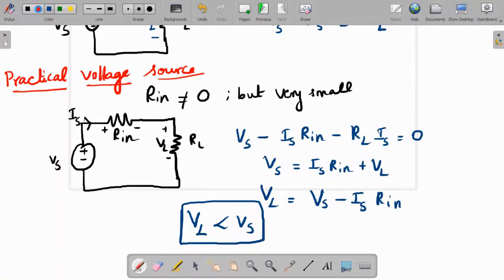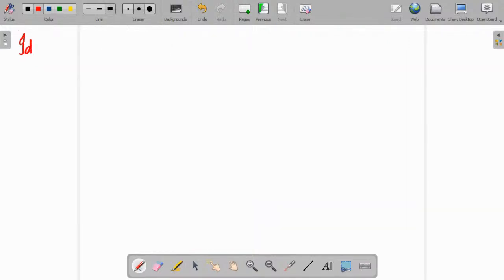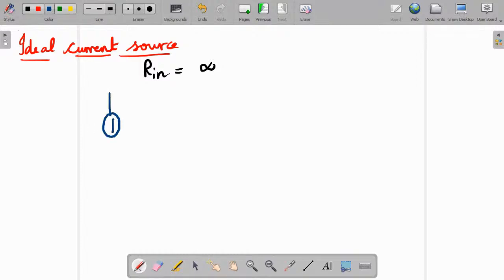Next, ideal current source. In case of ideal current source, it has internal resistance equal to infinite. Looking at the circuit, we have a current source.